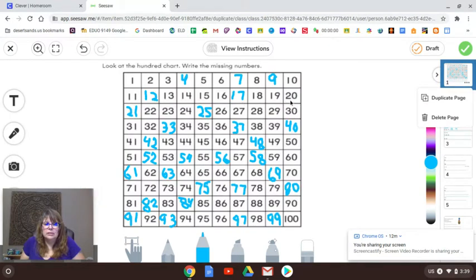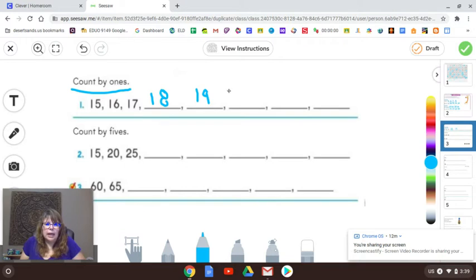What's the next number? 20. But you should know already how to count all the way to 20. 21, and then 22. So we did it counting by ones.